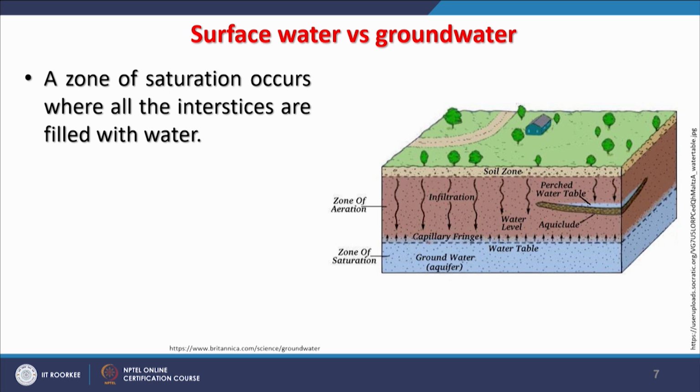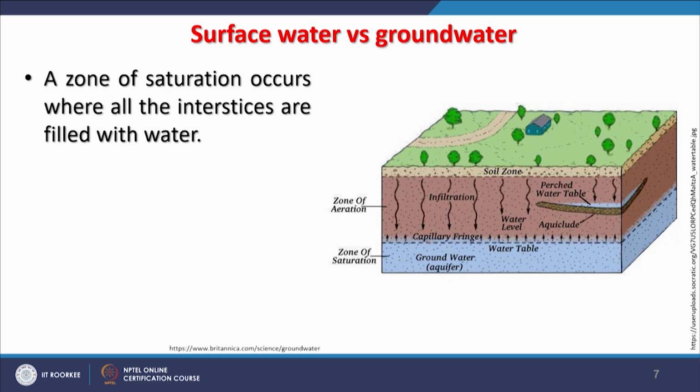So, when we say shallow water table, that means it is quite close to the ground surface. And when we say deep groundwater table, that means it is very deep from the surface, but might be very close to above mean sea level.